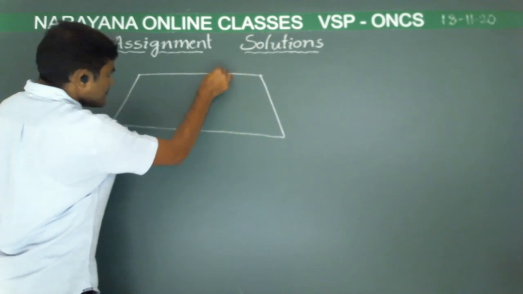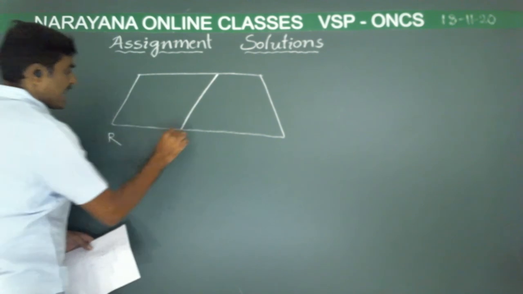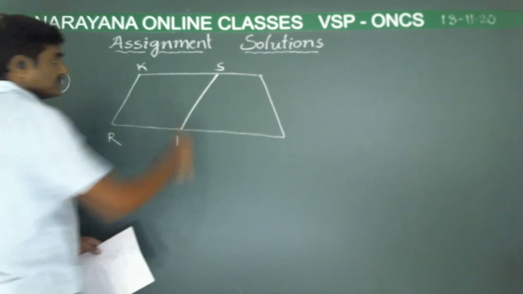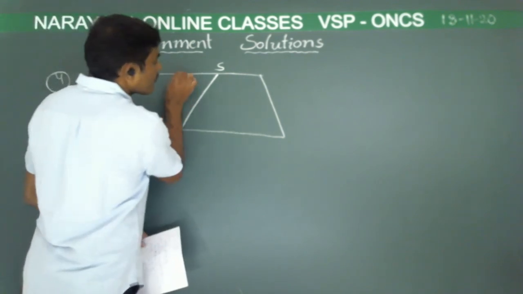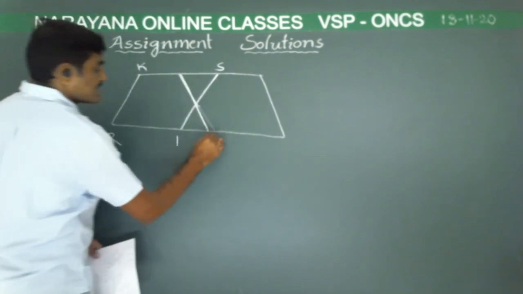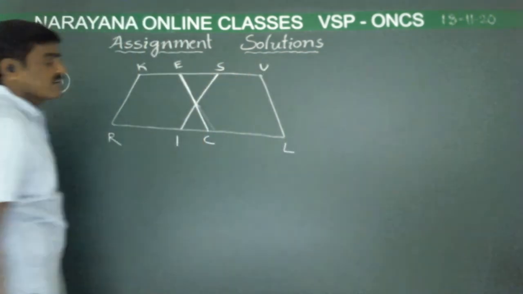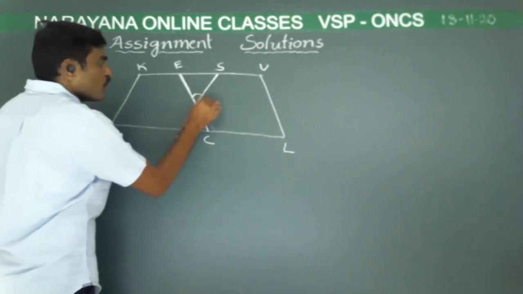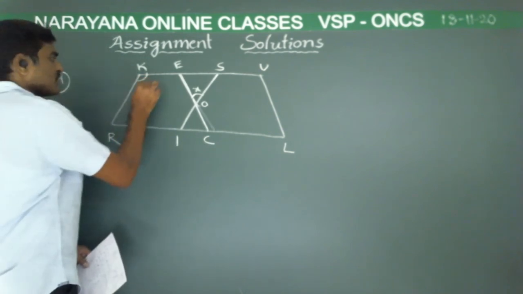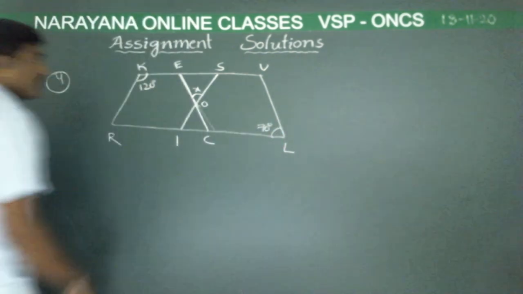This is one parallelogram, RISK, and another parallelogram is CLUE. The angle here at O is x. We need to find the measure of angle x. Also given, angle K is 120 degrees and angle L is 70 degrees.